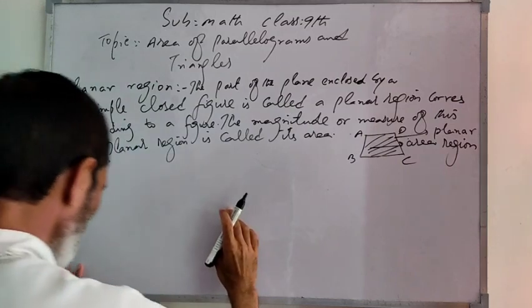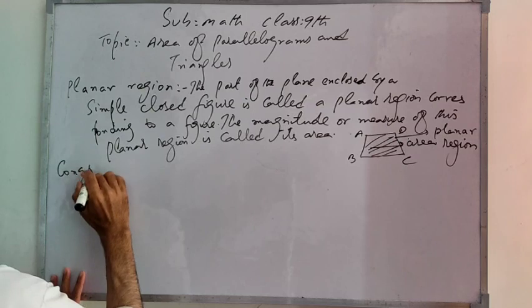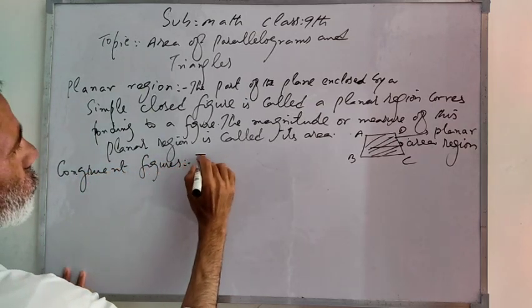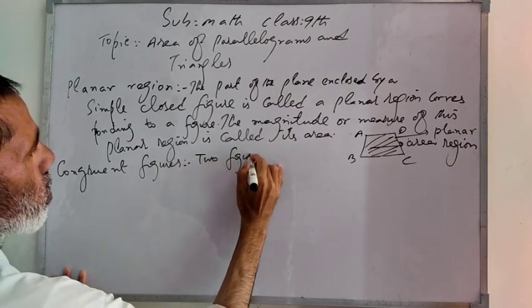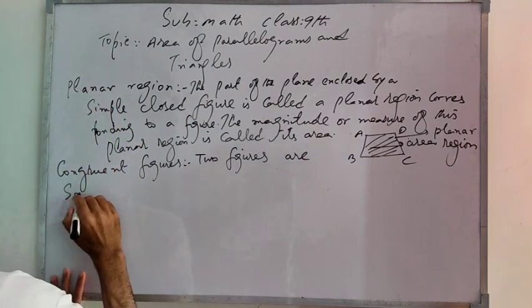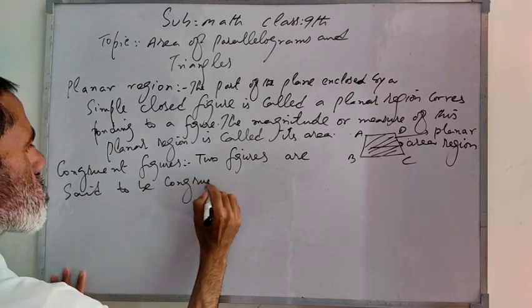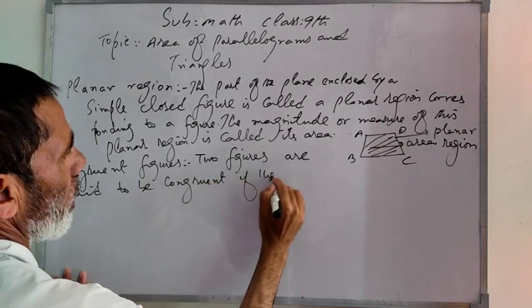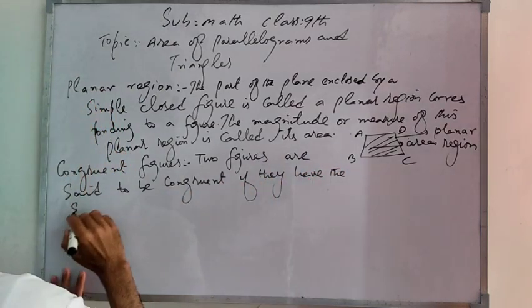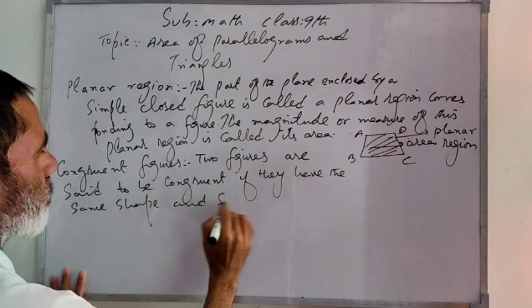After this, we will define congruent figures. Two figures are said to be congruent if they have the same shape and same size.